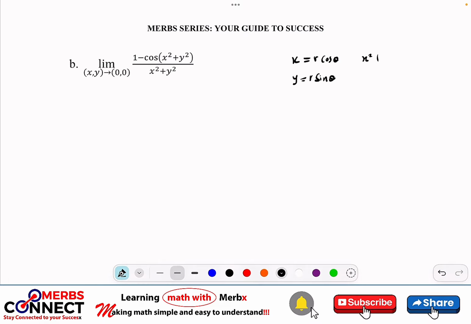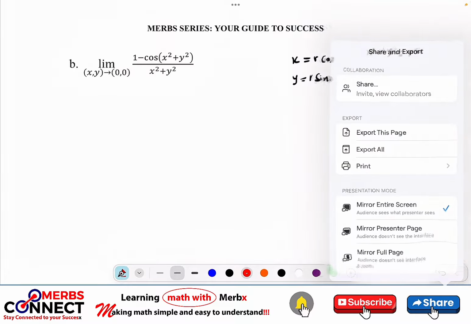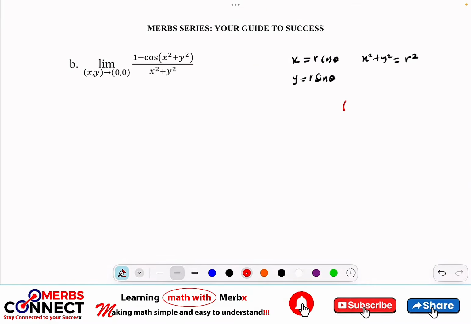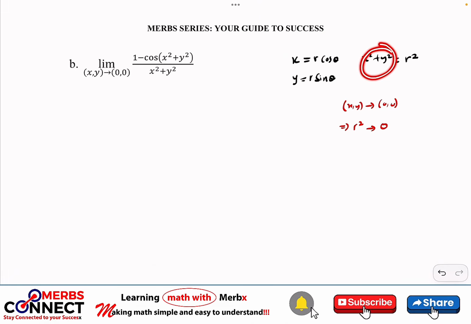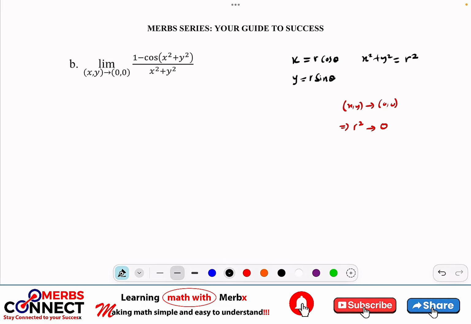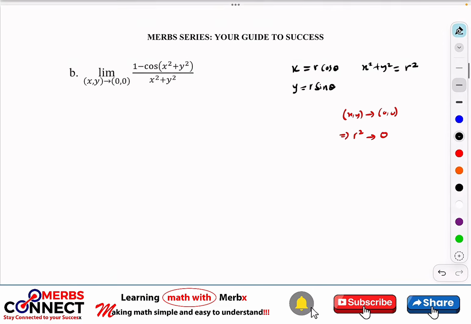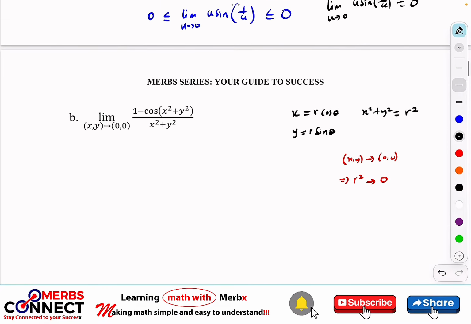Then we have x squared plus y squared equal to r squared. Do we need any other thing? No. Now what we just need is that x and y are approaching 0, 0. So this implies that r squared will also be approaching 0. So now we can write our limit this way.